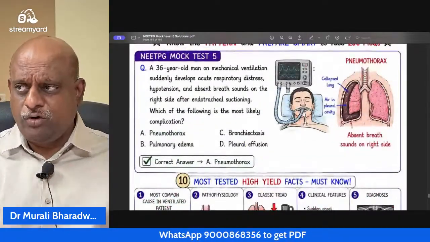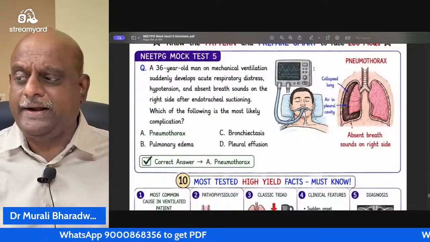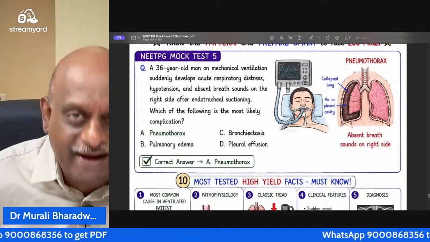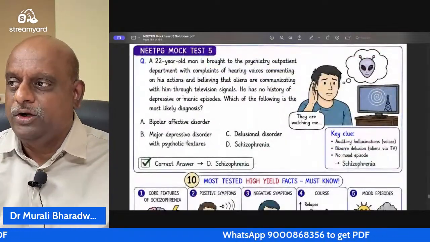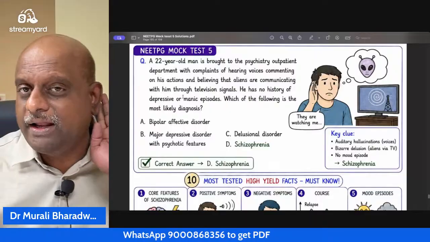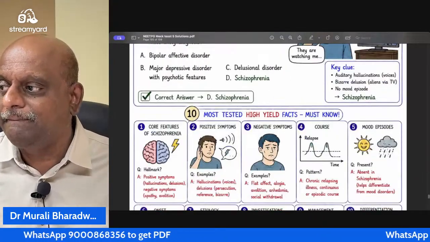A 36-year-old man in mechanical ventilation suddenly develops acute respiratory distress. Absent breath sounds, which is a clue to say it is pneumothorax, classically. 22-year-old is being brought. He believes aliens are communicating with him through television signals. Is schizophrenia.